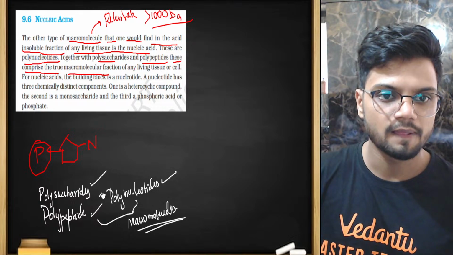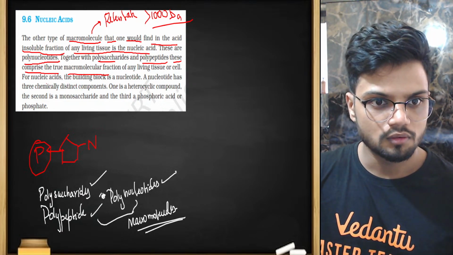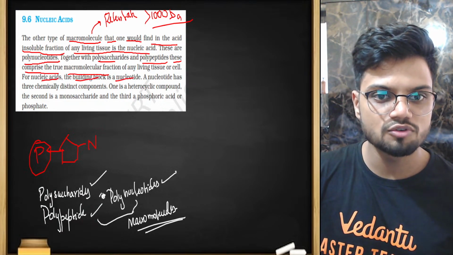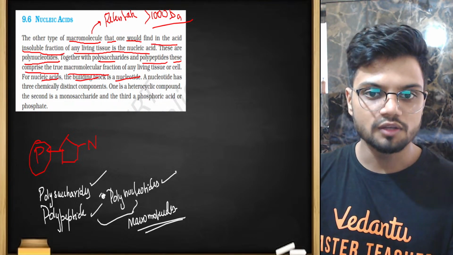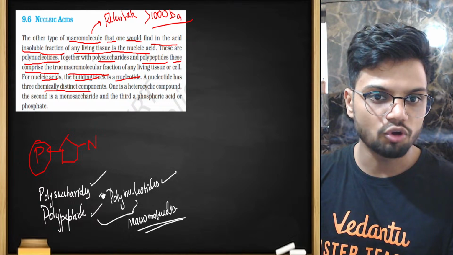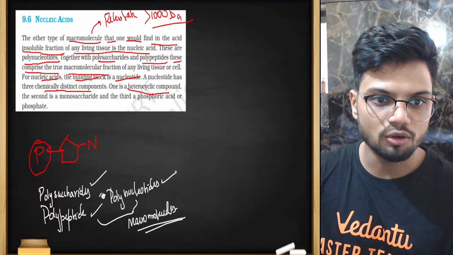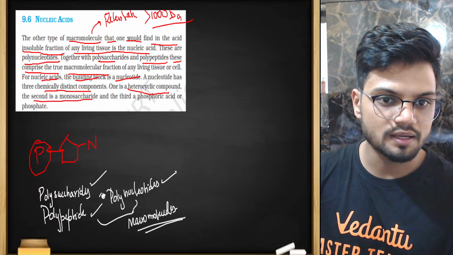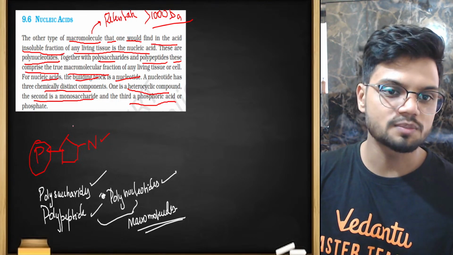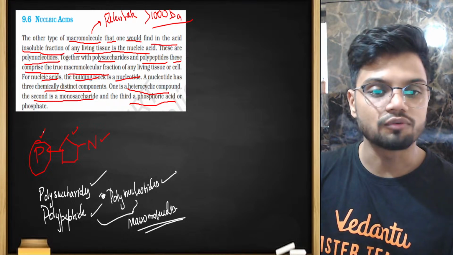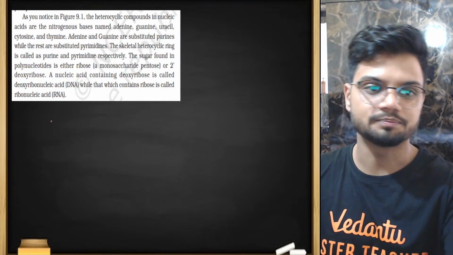Now, for nucleic acids, the building block is the nucleotide. A nucleotide has three chemically distinct components: one heterocyclic compound, the second a monosaccharide, and the third a phosphate. So, nitrogenous base, sugar, and phosphate make up the nucleotide.